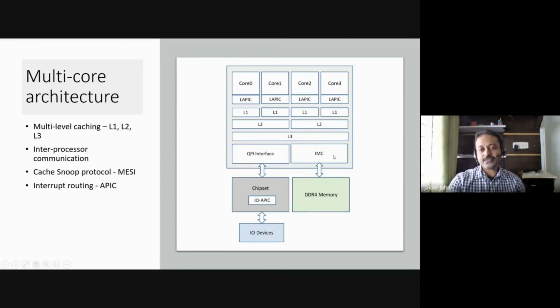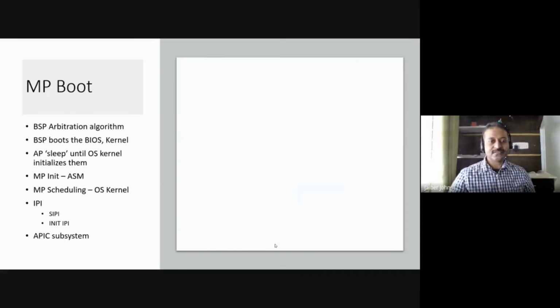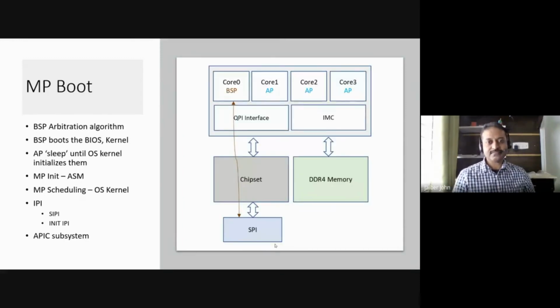IMC is the memory controller, which controls all the memory. And then we have QPI, the QuickPath Interconnect, which communicates with the PCI subsystem to connect all the IO devices. So I'll quickly give some idea about this, and maybe it will make some of you curious to learn more about it.